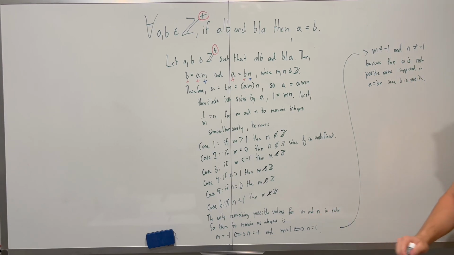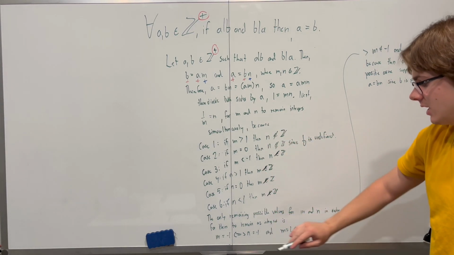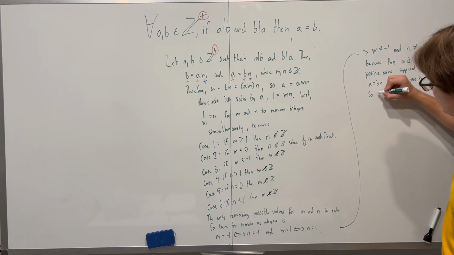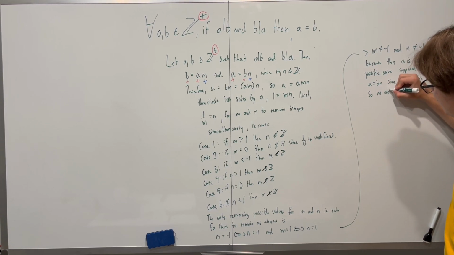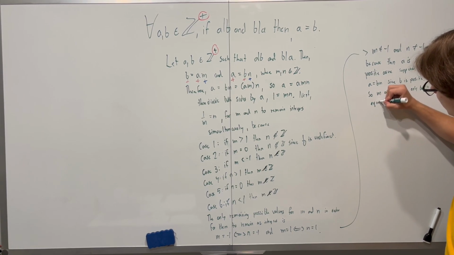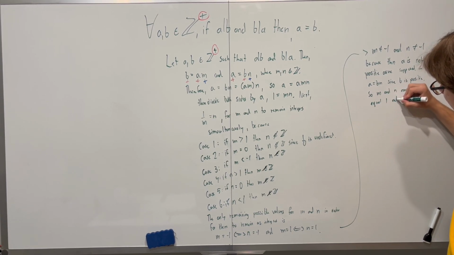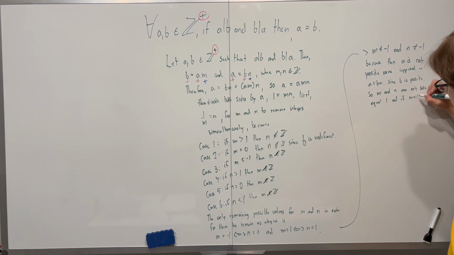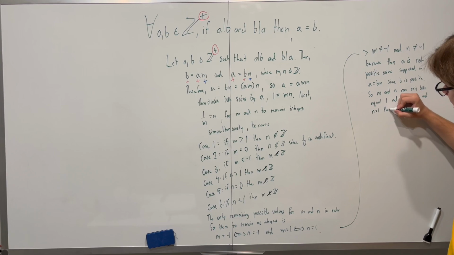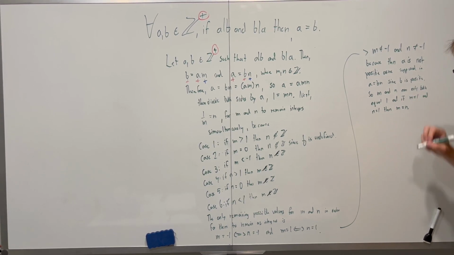So we've gotten rid of all the cases leaving -1 and 1, and we know that it can't be -1, because then what we supposed for a to be positive is not true. So m and n can only both equal 1, and if m equals 1 and n equals 1, then m is equal to n.